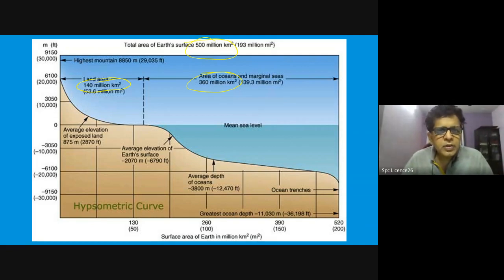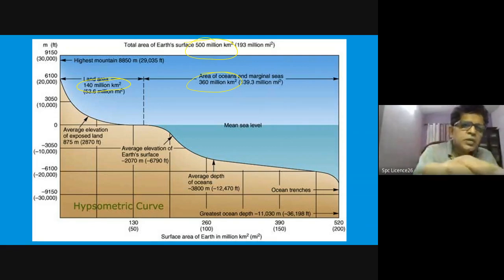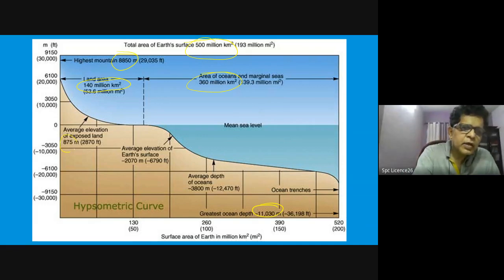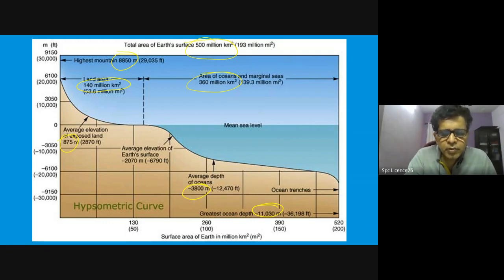The highest point on the surface, now you'll see a change here, 8850. The earlier one was 8848 as such. And as far as the deepest point is concerned, it is 11,030 meters only. The average elevation on land is around 850 meters. The average depth of waters is around 3,800 meters.